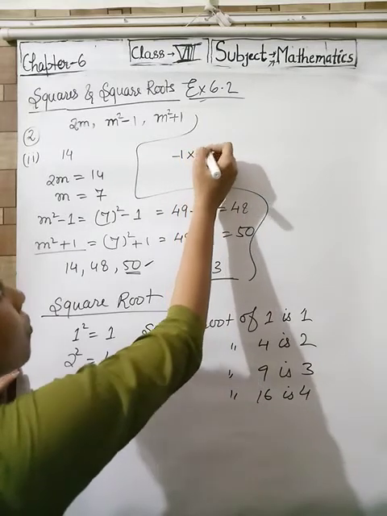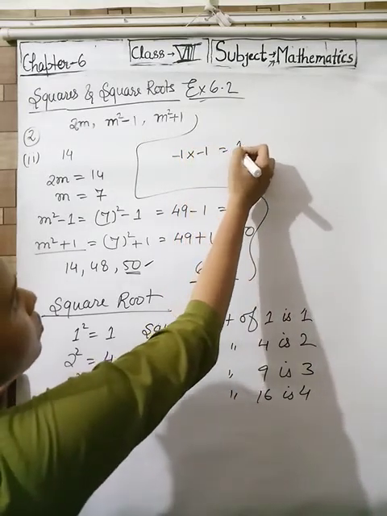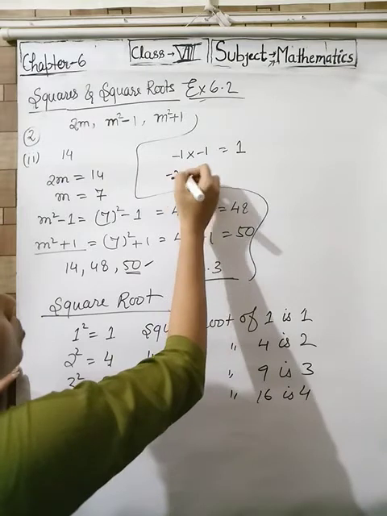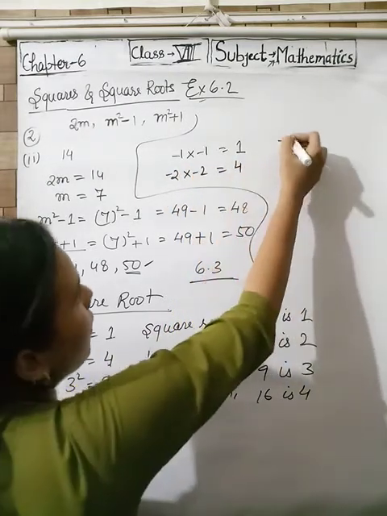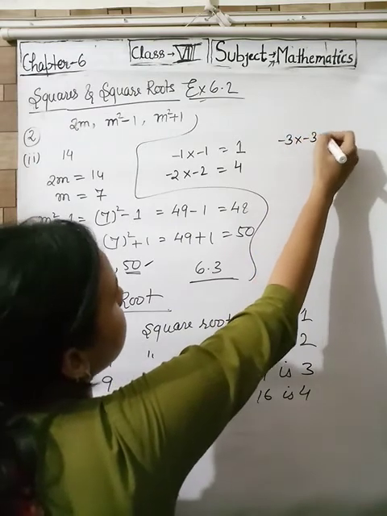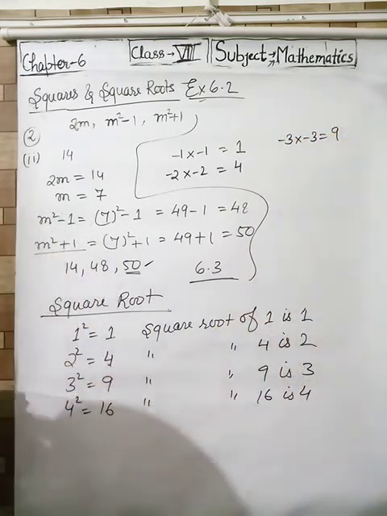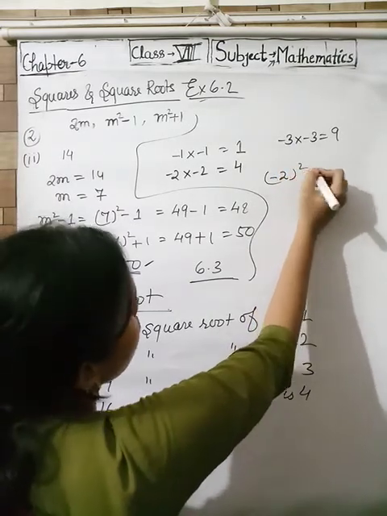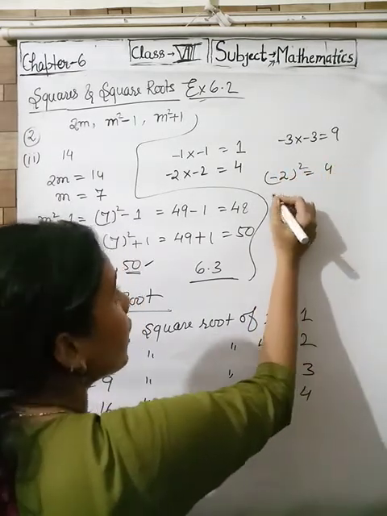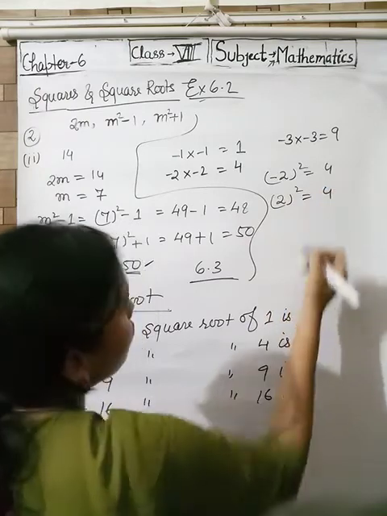Now see one thing. Minus 1 into minus 1 is also equal to 1. Minus 2 into minus 2 is equal to 4. Minus 3 into minus 3 is equal to 9. That means if you do the square of minus 2, you will get 4, and the square of plus 2 is also equal to 4.